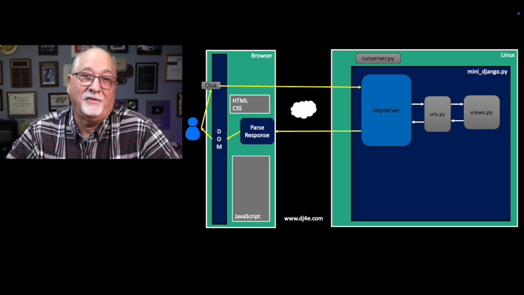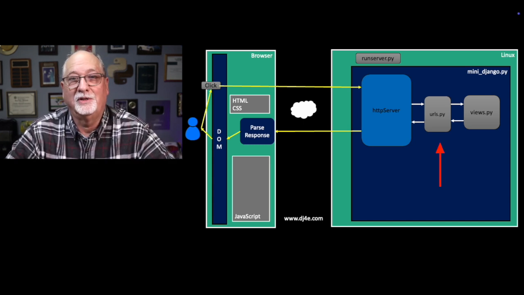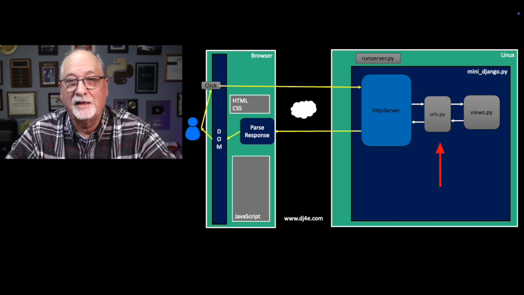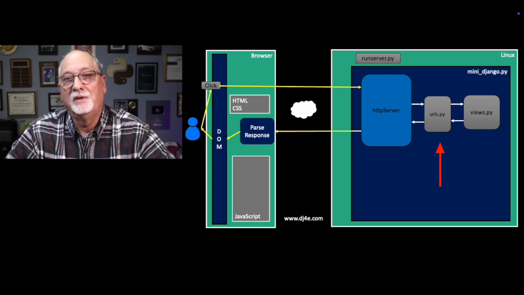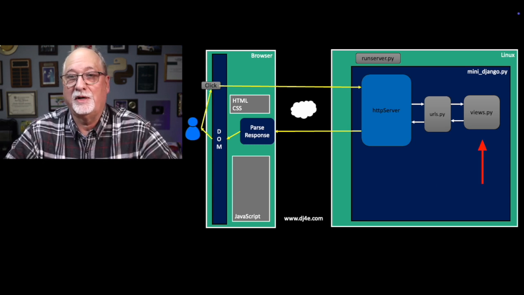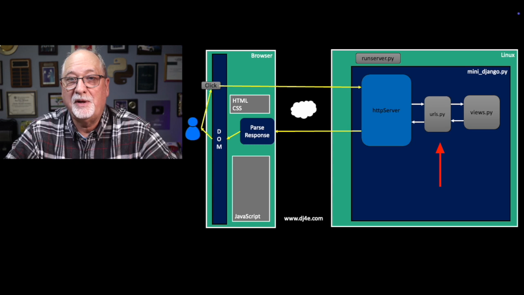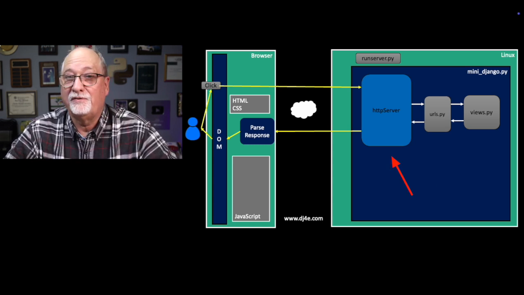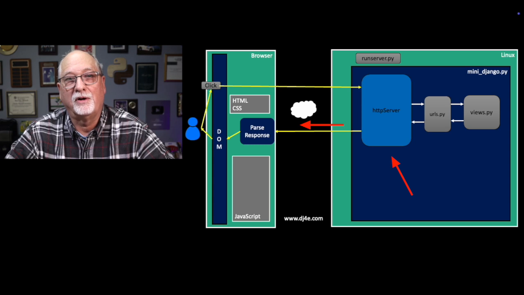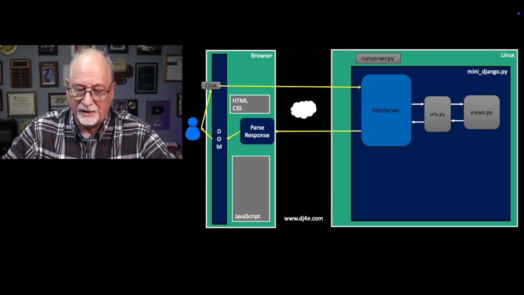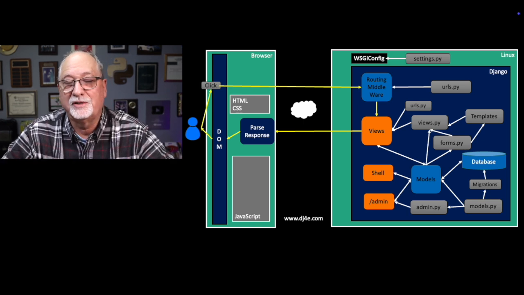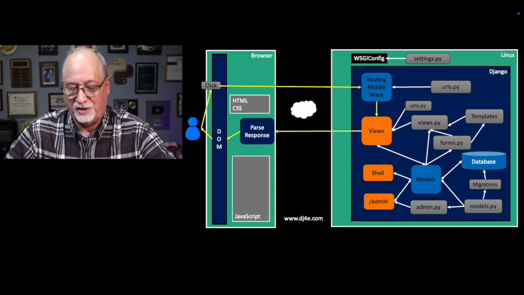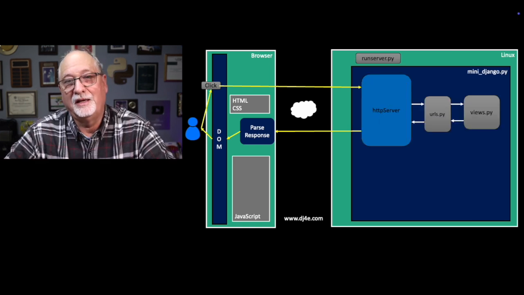And then we have pseudo application code, the urls.py, which handles the routing activity, chooses the right view, sends the request to the right view, gets a response back from that view, and then urls.py forwards that back to the HTTP server, which then formats it in the right way for the network protocol and sends it back to the browser. And if you look at how Django itself works, it's just a more flexible and more rich and more intricate version of this little thing that I call Mini Django.